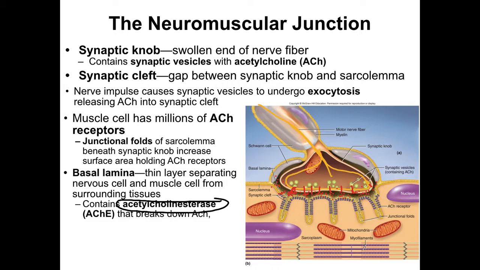Acetylcholine esterase is an enzyme that breaks down acetylcholine. This is very important because when your nerve stimulates a muscle, it needs to be one sharp stimulus. You don't want it to turn on and then not be able to turn off.